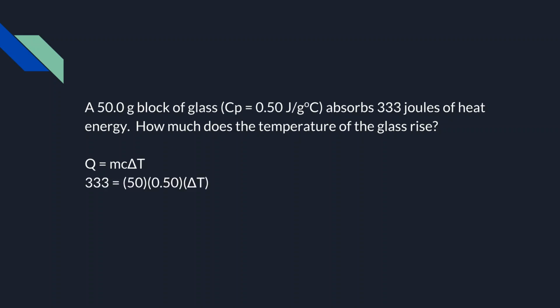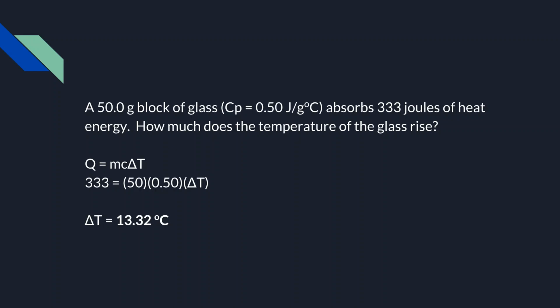So with 333 joules of heat energy, that is our Q, and that is equal to the mass of the block of glass, which is 50 grams, times the specific heat, which is 0.5, times the change in temperature, delta T. When you solve this in our calculator, we can get the change in temperature to be 13.32 degrees Celsius.